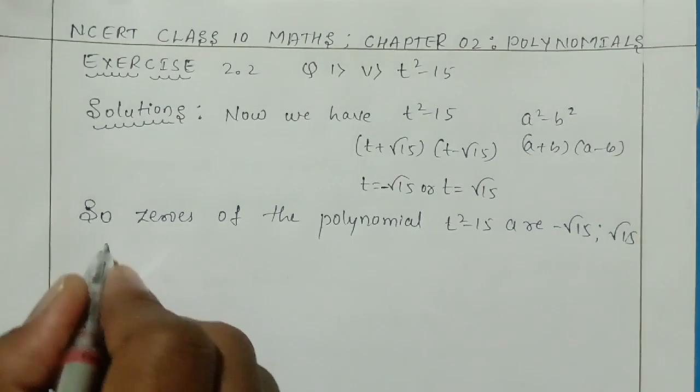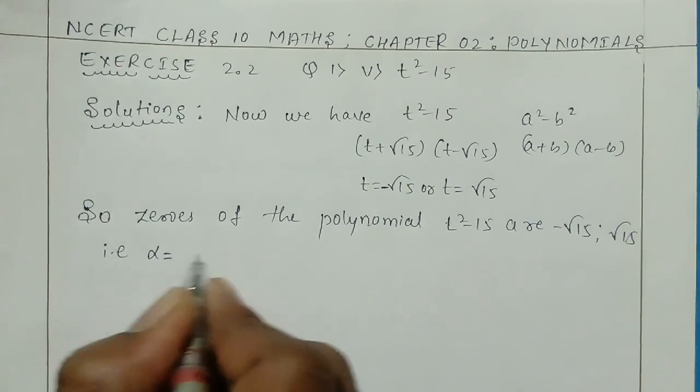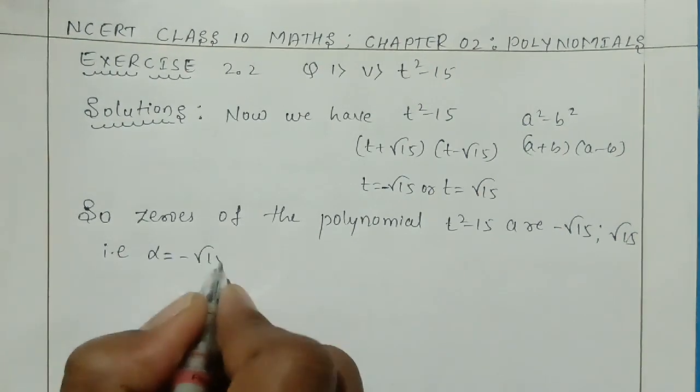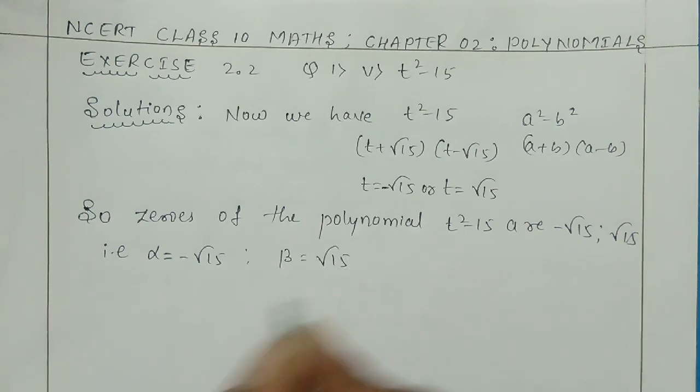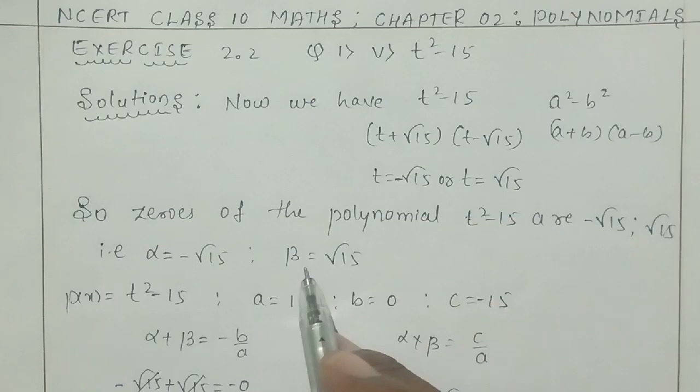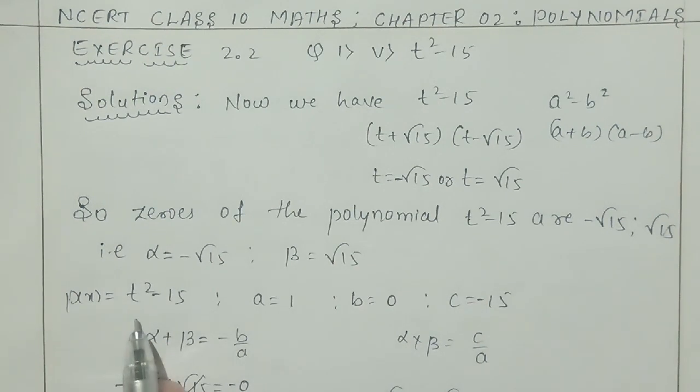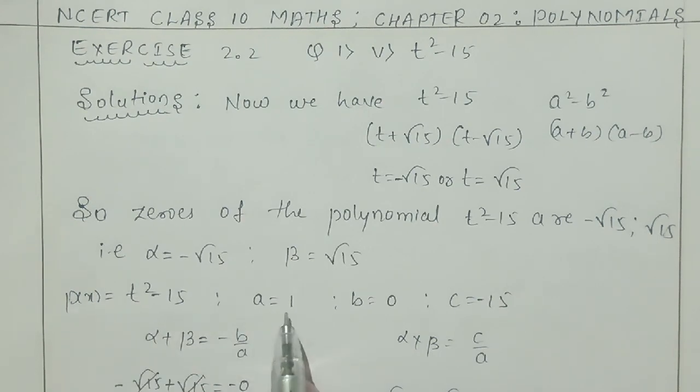You can consider one as minus root 15, that is alpha, and beta is root 15. Next you can write the given polynomial, that is t square minus 15. In this polynomial, the t square coefficient is 1, that is a. Next, there is no t coefficient, so we can write b value as 0 and the constant is minus 15.